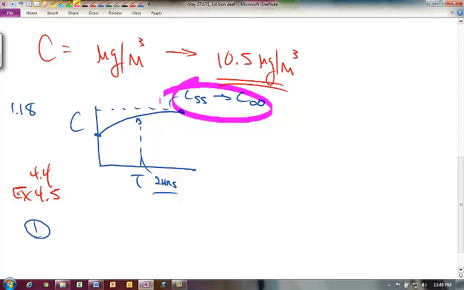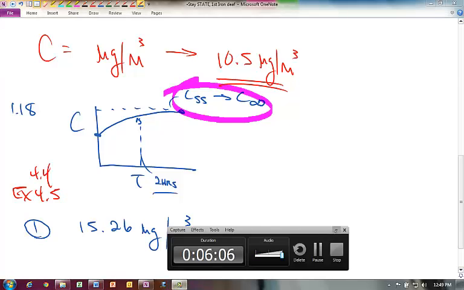We can go through the same calculations that we did with the previous problem to find that new concentration. If you have this set up in MathCAD, this would be a real easy concentration to solve for. If you go through these calculations, you'll get a steady state concentration that's a bit higher than what we calculated before at 10.5. This would be 15.26 micrograms per meter cubed.